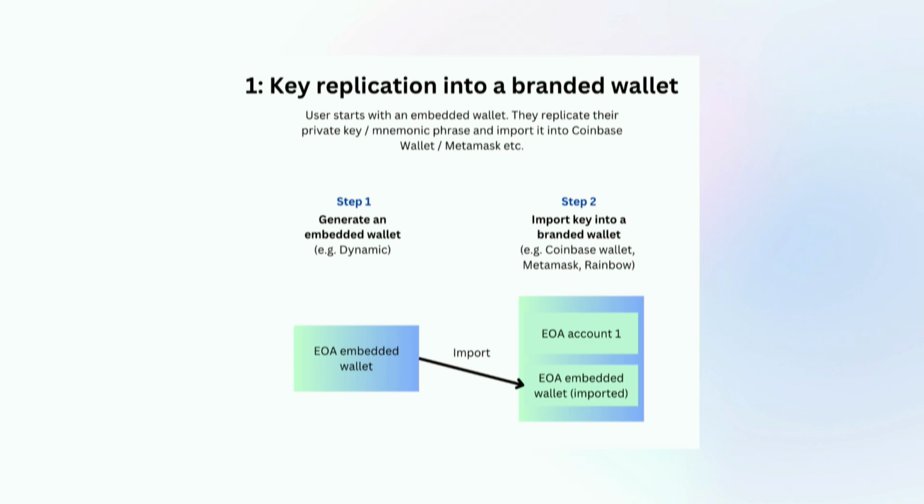At that point, you can access the wallet through that first interface, or through the second interface, which is MetaMask or Coinbase wallet or anything of that sort. It's a very simple approach. It can work today, and it's semi-elegant. The only problem is users have to touch a private key, which is a terrible idea for like 17 reasons. But that is an approach that exists in the market.